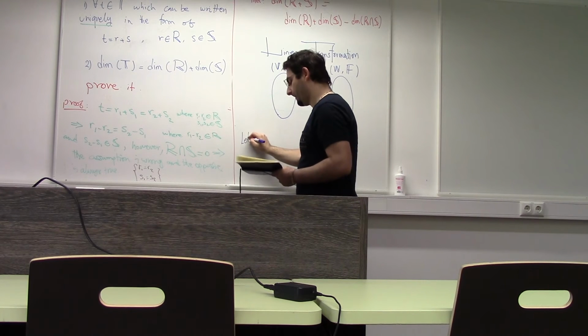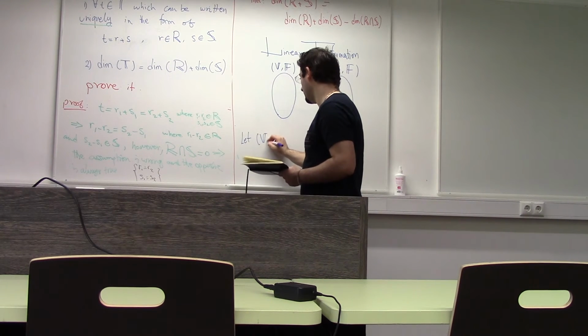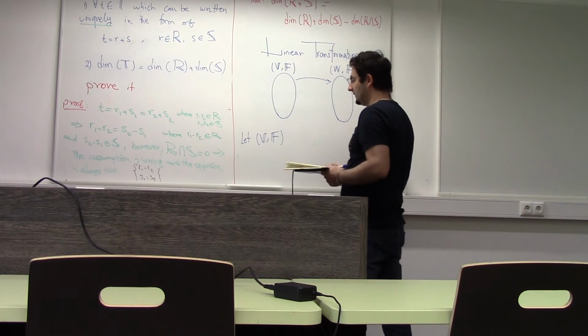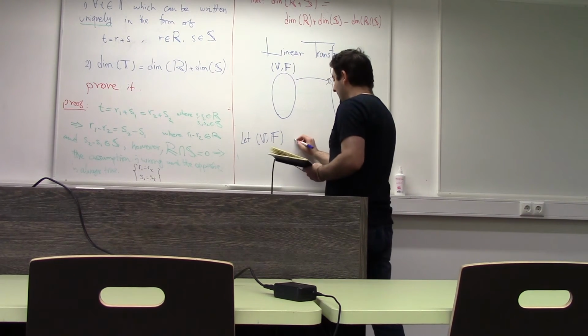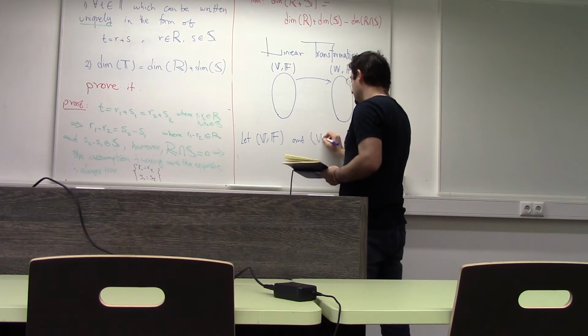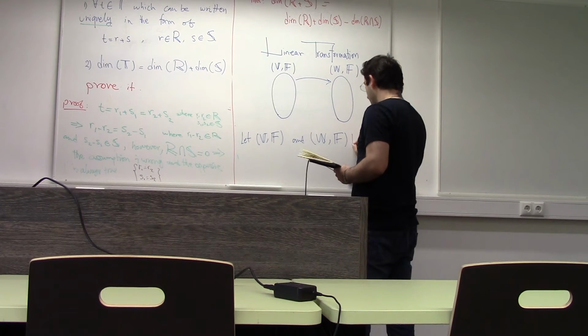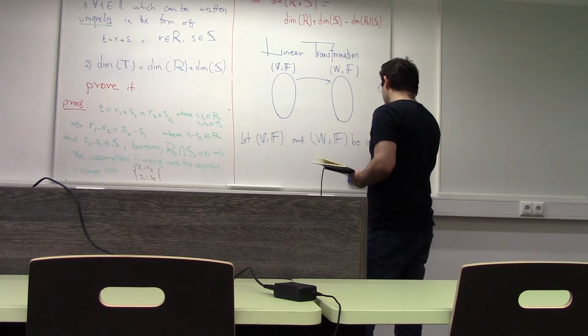Let V, a vector space over the field F, and W, a vector space over the field F, be vector spaces.